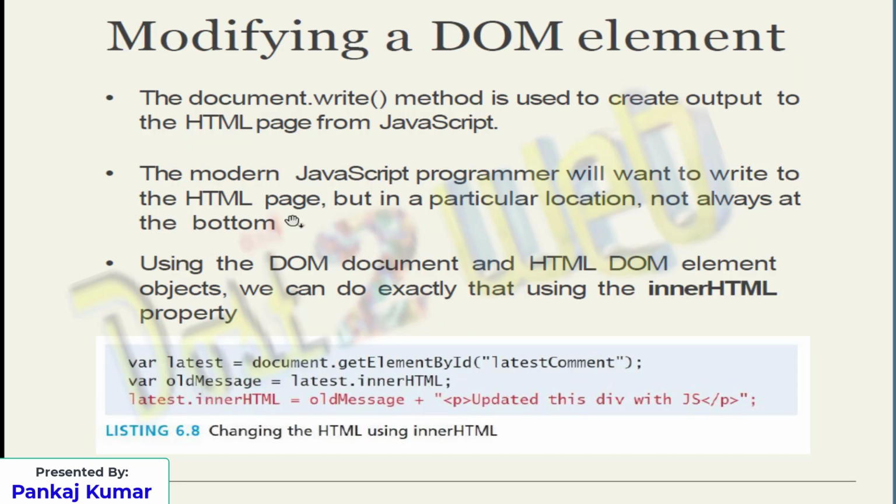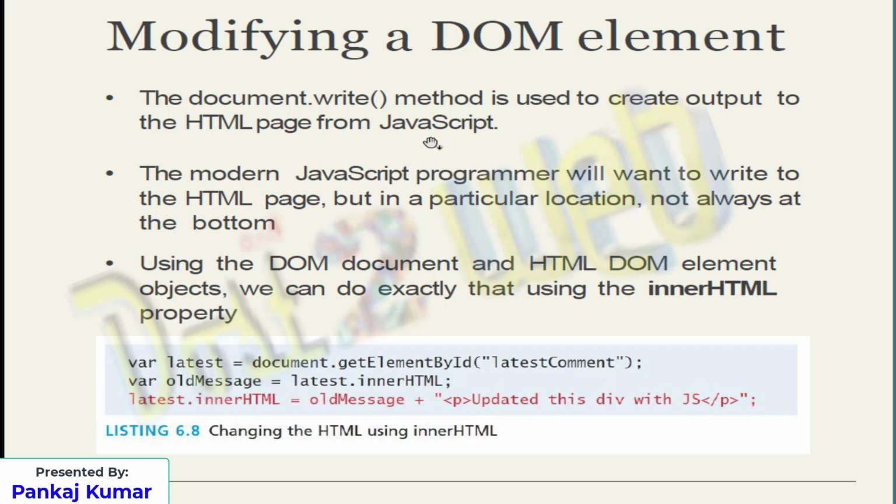Now, if you want to modify a DOM element, how can we do that? To modify the DOM element, we have a method called document.write. We have just now seen that, right? When you want to use the document.write method, that means it will create the output to the HTML page from JavaScript.